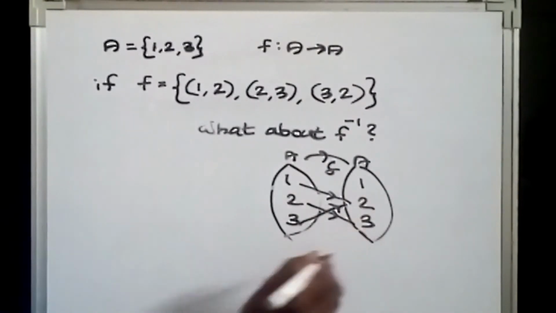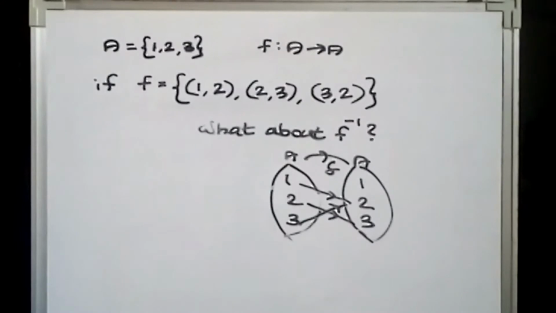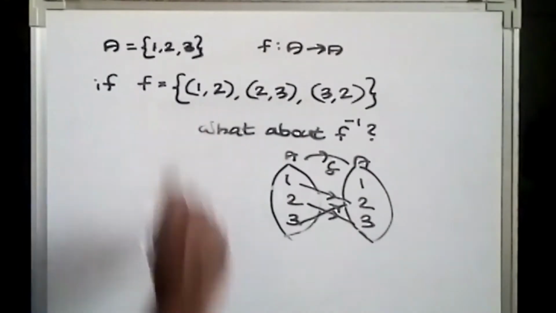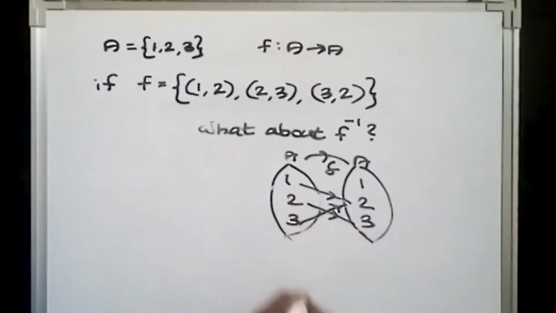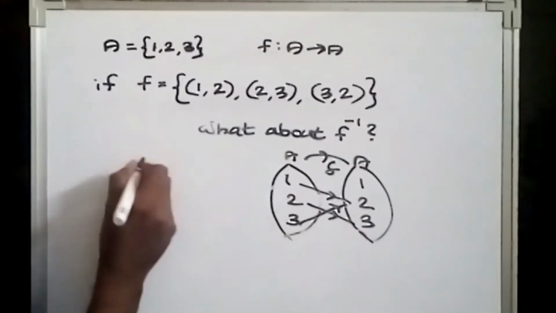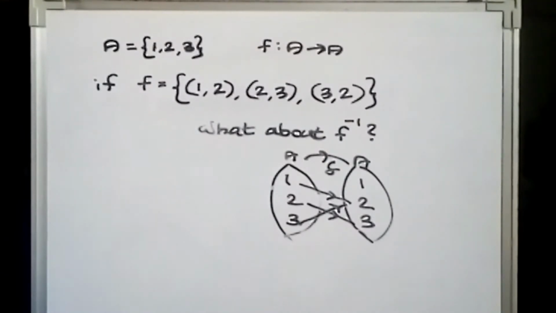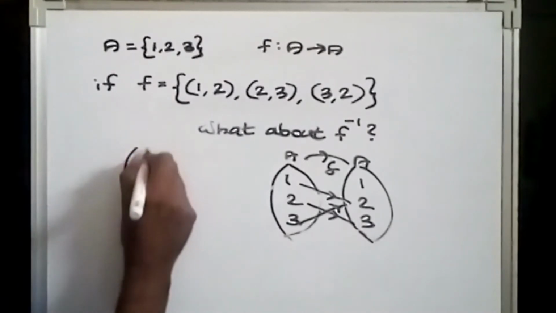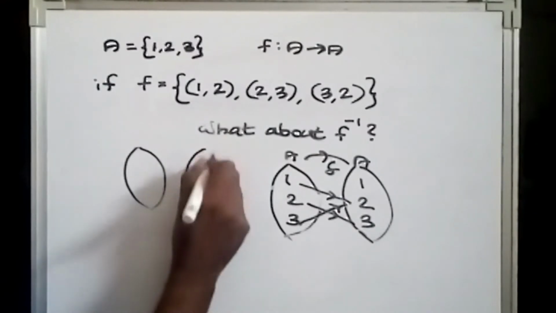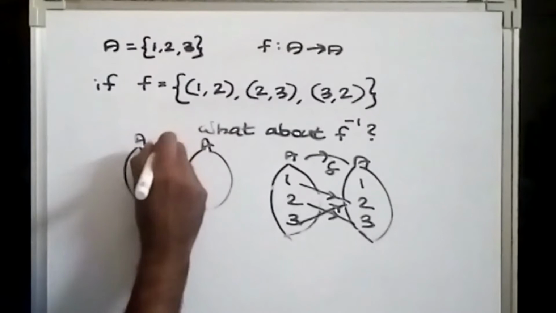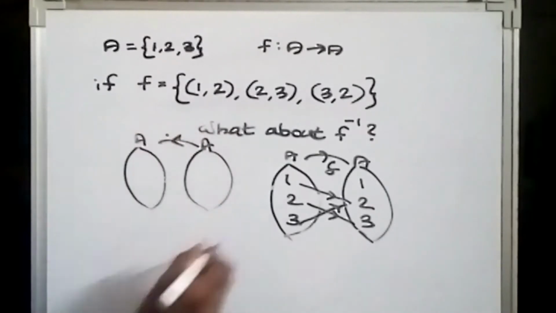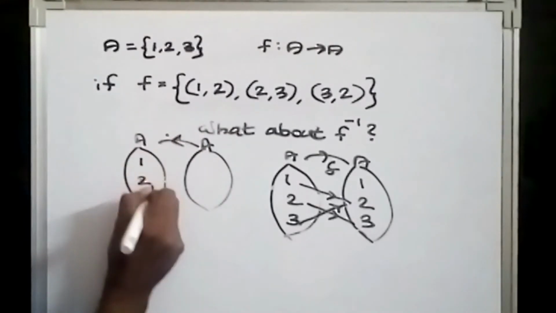Do you feel that there is some complication in this problem? Can we find F inverse? If we define F inverse, how will it be? It should be from A to A itself, but in the reverse way.